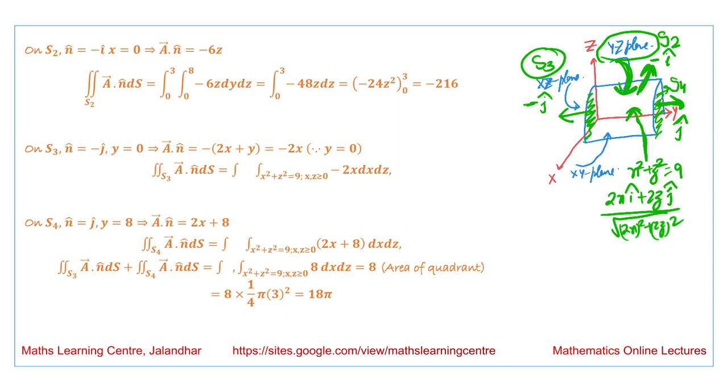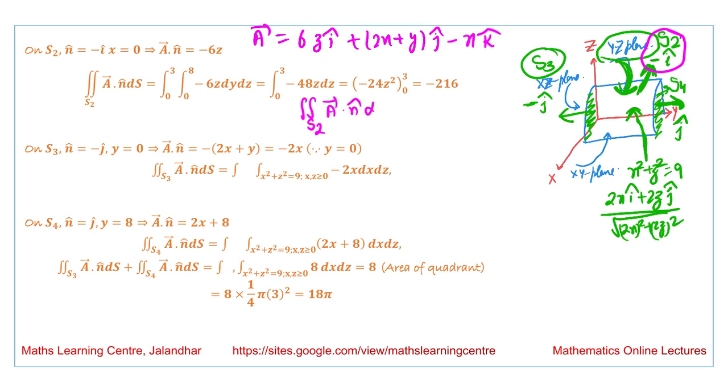Now if we integrate over the surface S2, the function is A vector equal to 6z i cap plus (2x plus y) j cap minus x k cap. For the surface S2, the normal is minus i cap. So the integral becomes the double integral over surface S2 of A vector dot n cap ds.